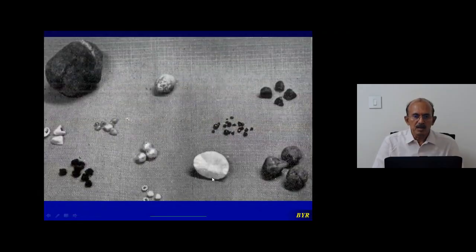You can see this is the cholesterol stone. The cut section is showing such a shiny, brilliant appearance. And you can see these are the pigment stones. And these hexagonal shaped structures, these are all the mixed stones.